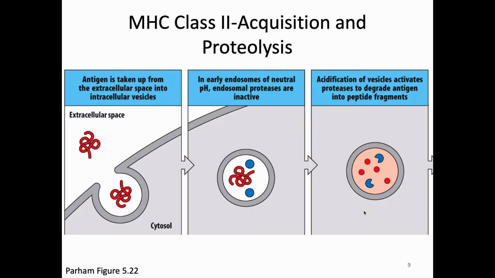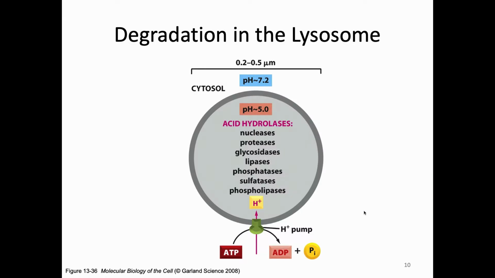As materials move from early endosome to late endosome to lysosome, they're going to more and more acidic places, and we are seeing more and more proteases that are able to degrade those molecules. The lysosome is super acidic, and it's full of nucleases, proteases, glycosidases, lipases, phosphatases, sulfatases. It's full of all the enzymes, as well as being very acidic. And so just by the nature of getting to the lysosome, our antigen is going to get degraded.